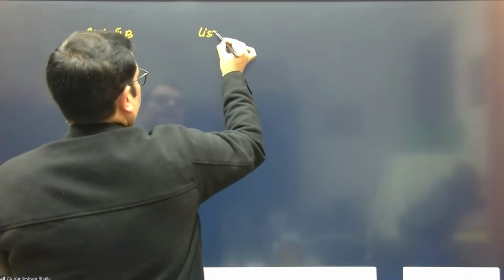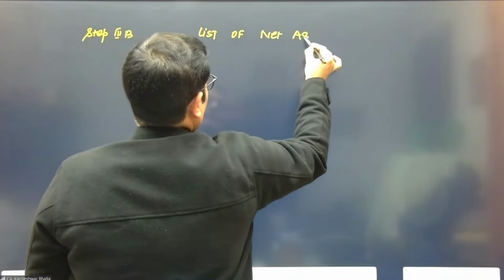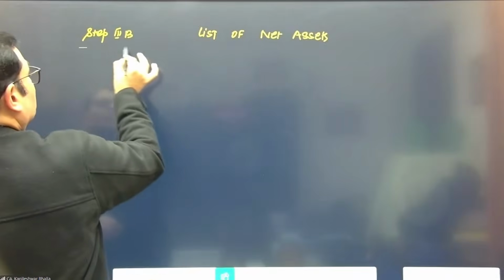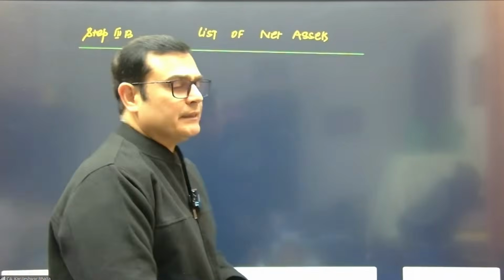So now we look at the list of net assets. When you look at step number 3B, your focus should be whether there are any exceptions I need to take care of. If you look at the question once again, you can see the contingent liability is there, but there are no indemnification assets. I don't see any information regarding the other exceptions.